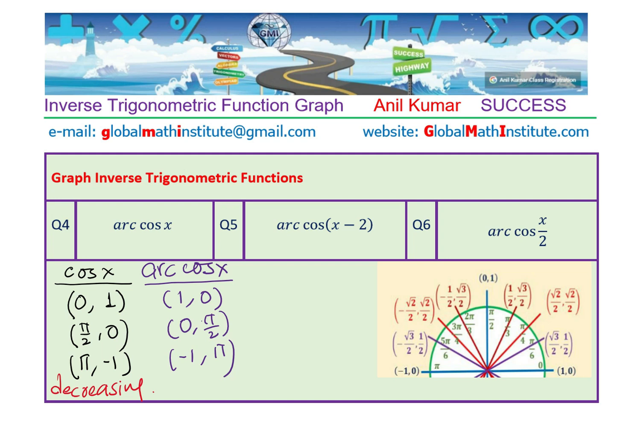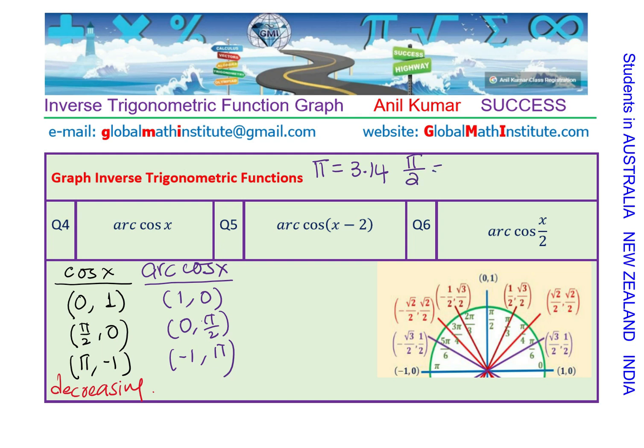So you should also have in mind what is pi, right? Let's write down the value of pi. Approximately it is equal to 3.14 and pi by 2 is half of it, correct? So 1.57. So these are the approximate values of pi and pi by 2. So you get an idea that pi is more than 3 times 1. So that gives you kind of a scale, right?